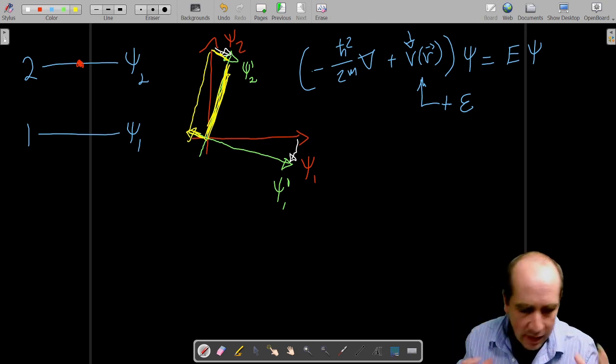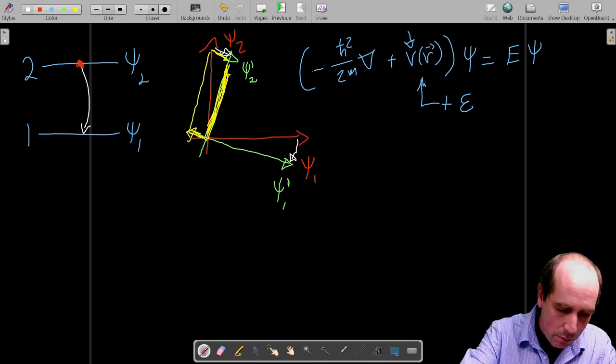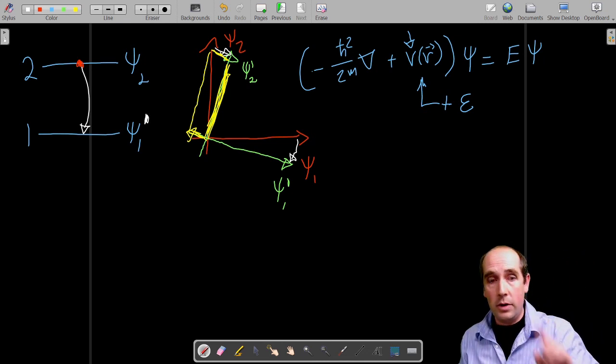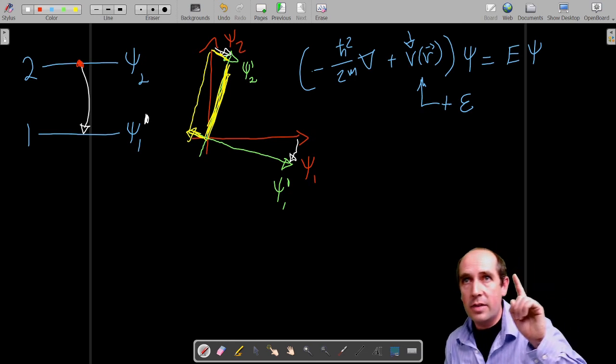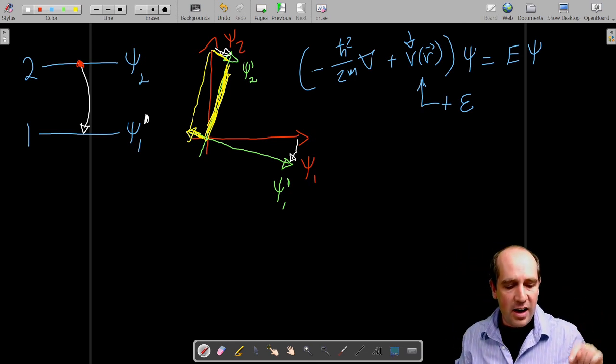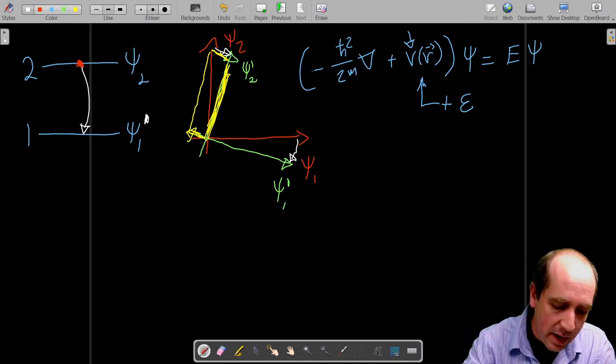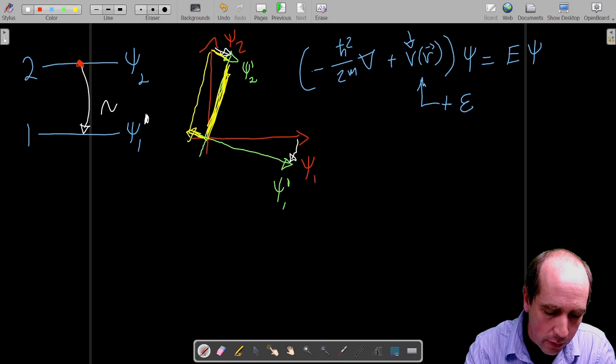So I hope I didn't make it too complicated, but the thing is, now this transition in principle is possible to the state psi1 prime, okay? So the transition from state psi2, that is where we left it, to the state psi1 prime is in principle possible, and it's just a matter of time before it happens.